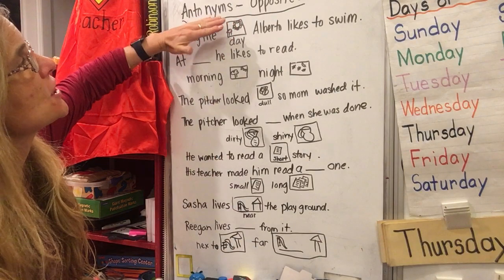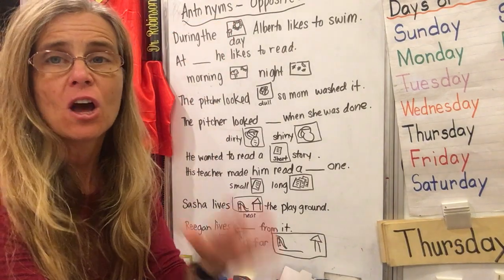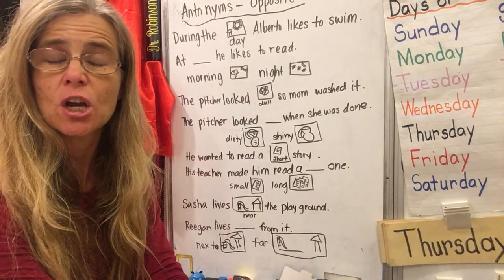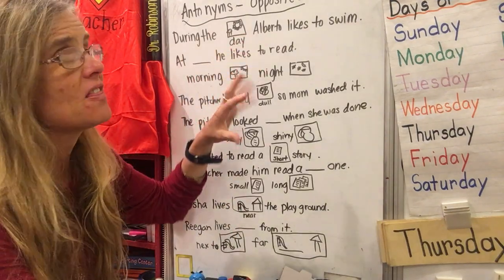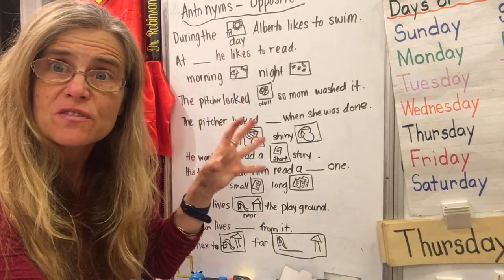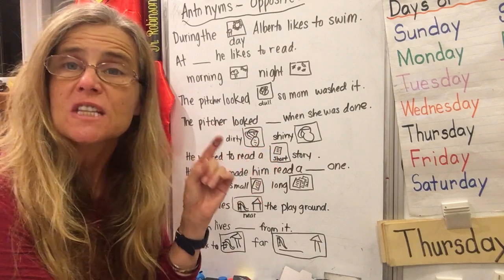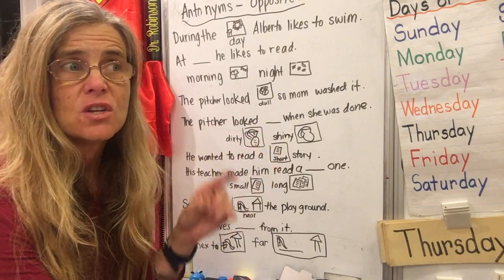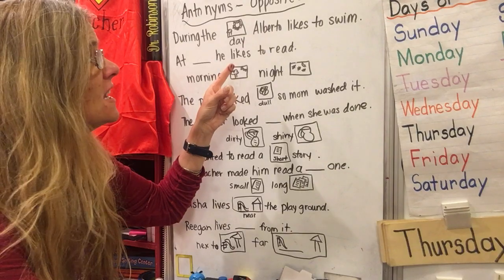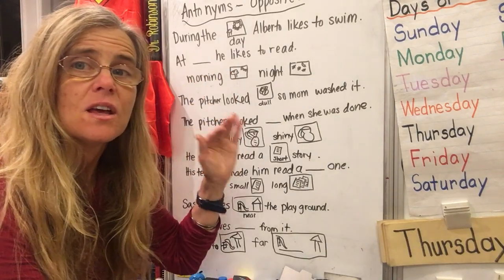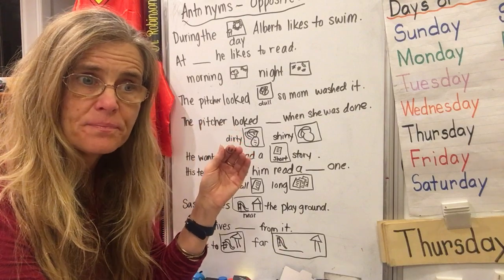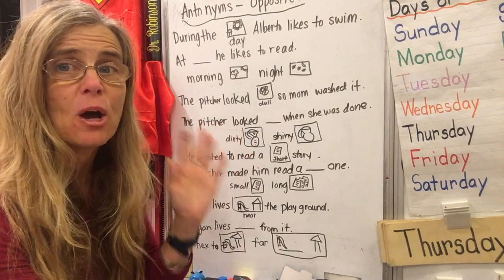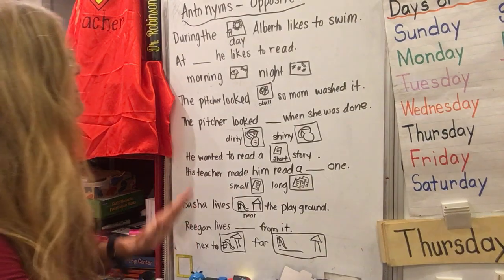All right, what we're looking at here is antonyms. That's the big Harvard fancy language arts word for opposites. We've done that on some other things, but I wanted to transfer it over into our learning using context clues. So I want you to look at the information that's there and then think, by using the pictures and the words that you hear, make a deduction about what the answer has to be.